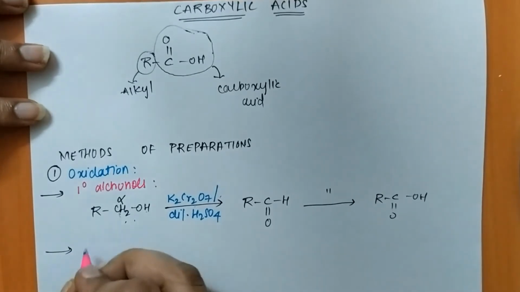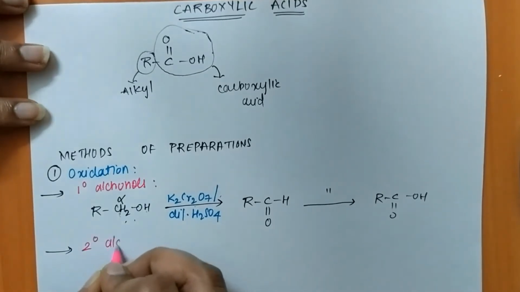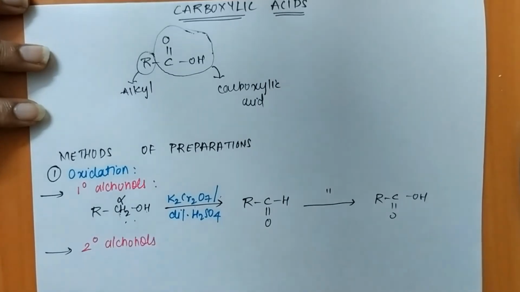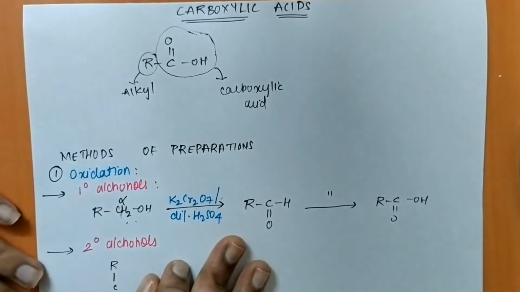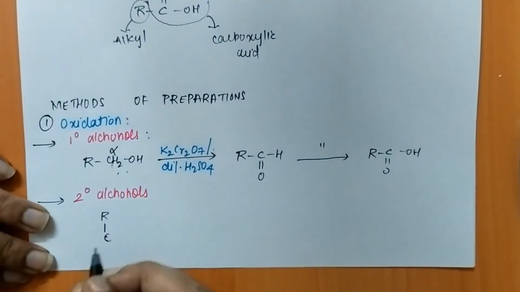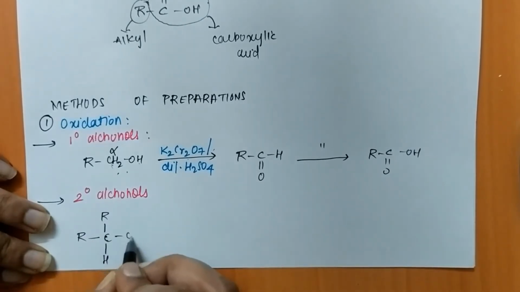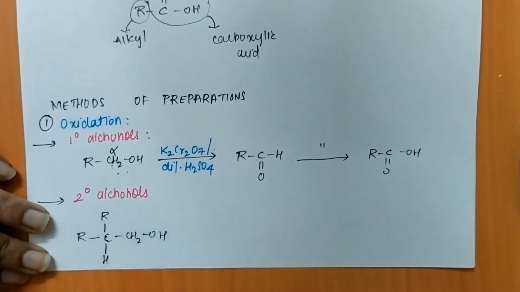Now a second way is from the secondary alcohols. Even this secondary alcohol should have an alpha hydrogen, and definitely the secondary alcohol will have an alpha hydrogen, because this is the alpha hydrogen itself.